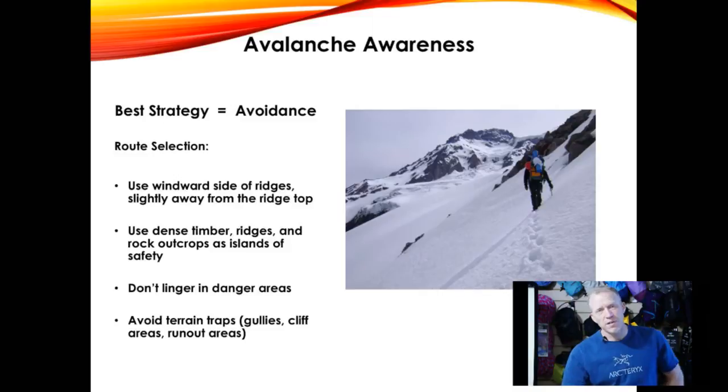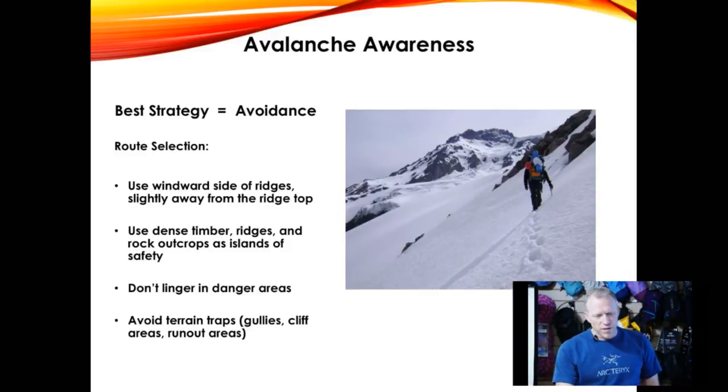You can also climb in areas that are steeper than the avalanche zone, which is another one that I like to use. Climb on slopes that are above 45 degrees. And of course, avoid terrain traps, which are things like avalanche zones and gullies and cliffs, run-out areas. But actually, there have been many instances of avalanches where people have even died traveling in things like creek beds, okay, where the slopes are not that high on the sides.